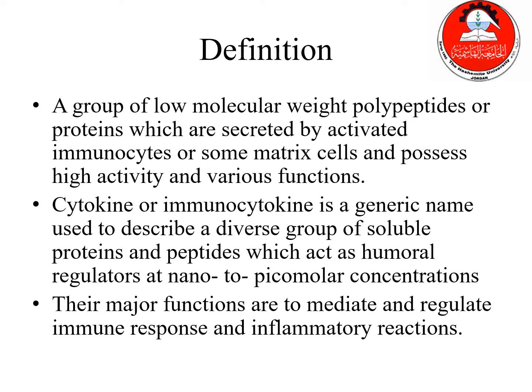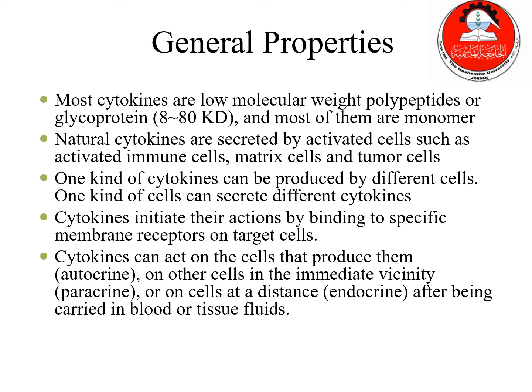So they are low molecular weight polypeptides released from cells to affect other cells and mediate signaling between the cells. So most cytokines are low molecular weight polypeptides or glycoproteins, and most of them are monomers.